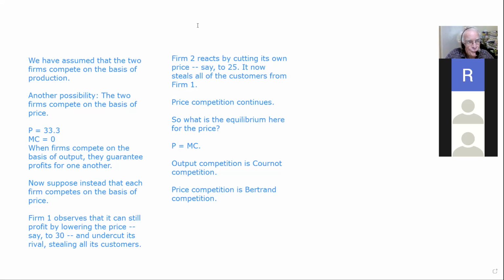Okay, so now let me take a moment to go back to the calculations behind Cournot competition. We had the reaction function Q1 equals 50 minus 1/2 of Q2. But Q1 is equal to Q2 since both firms are thinking about the Cournot competition in the same way.